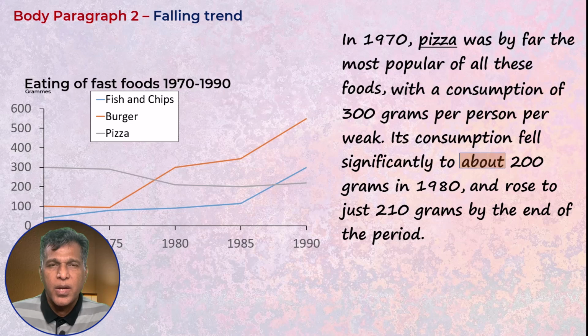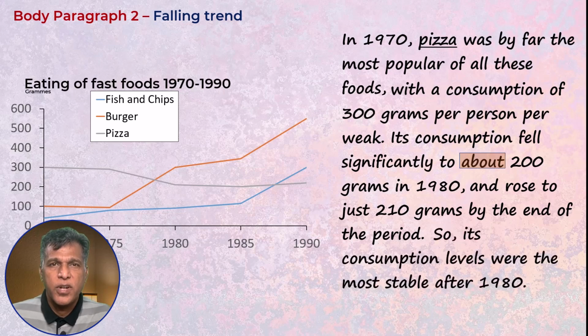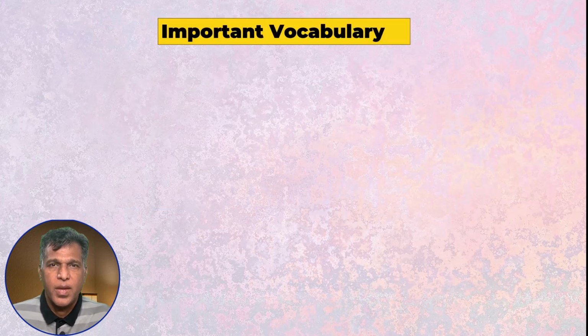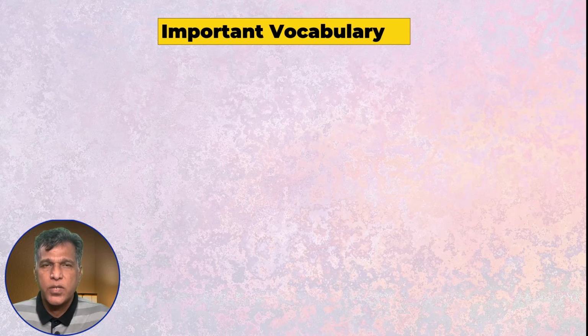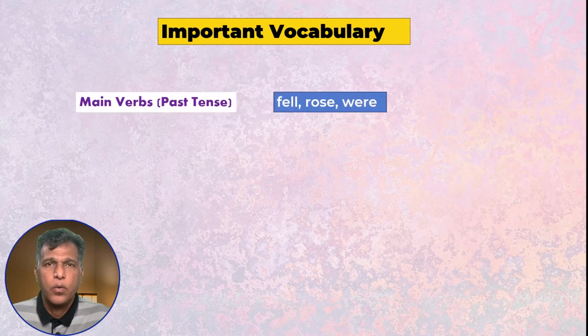So its consumption levels were the most stable after 1980. So pizza started highest, fell sharply, and then became stable. Let's have a look at the vocabulary in the second body paragraph. Past tense verbs: fell, rose, were.